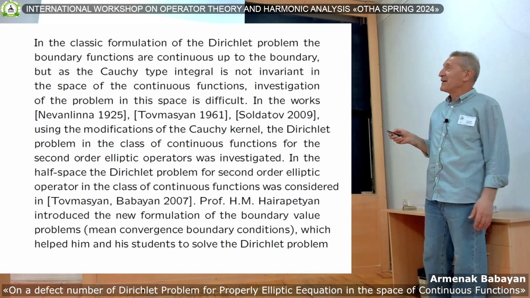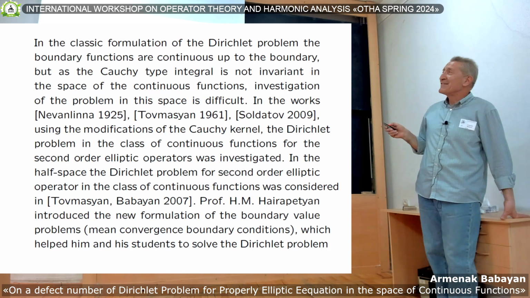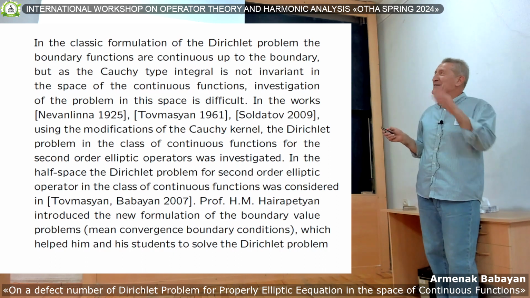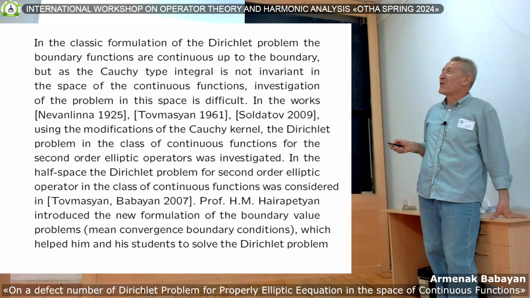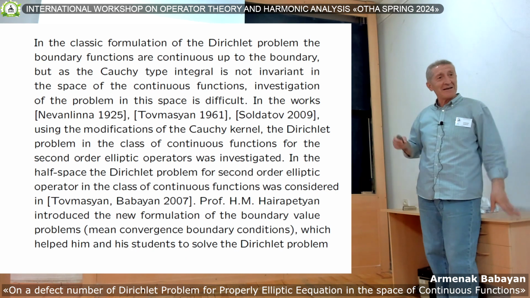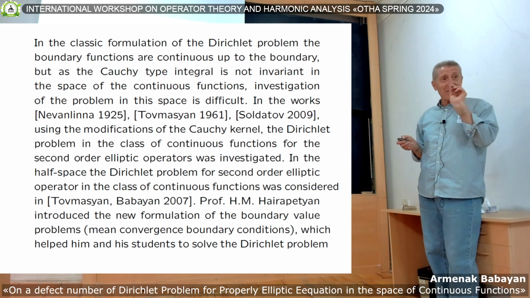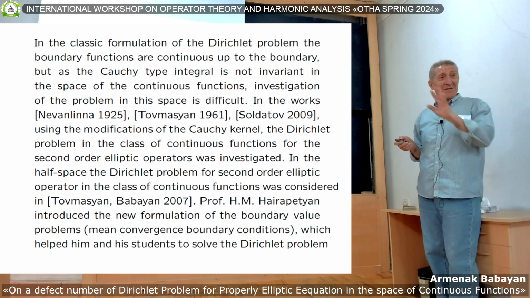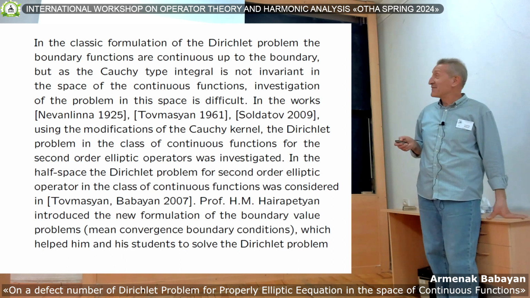After that, approximately the same kind of work was written by Tovmasyan in 1961, but he considers only polynomial growth at infinity. But the idea is almost the same.